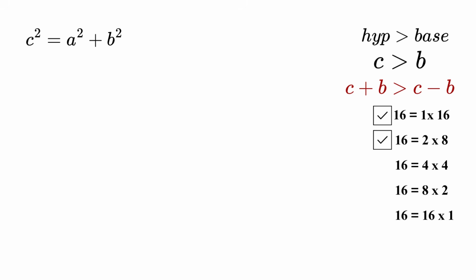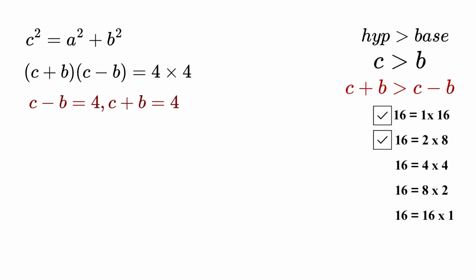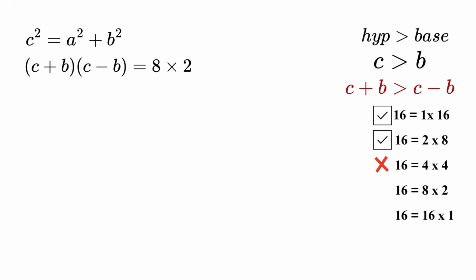Now, 4 times 4. If c minus b equals 4 and c plus b also equals 4, does this work? No, this is impossible because c plus b must be greater than c minus b, but here they're equal, so we reject this pair. Now, what about 8 times 2? Here, c minus b would be 8 and c plus b would be 2.